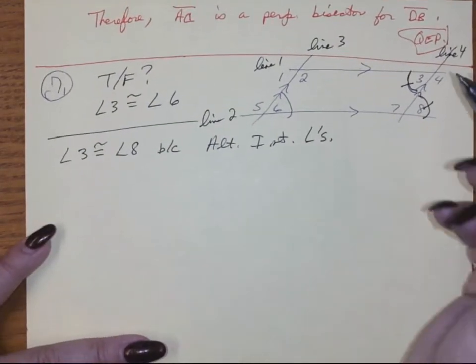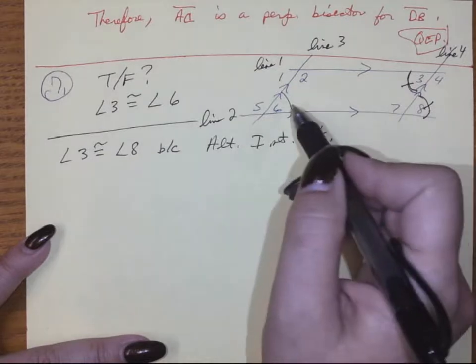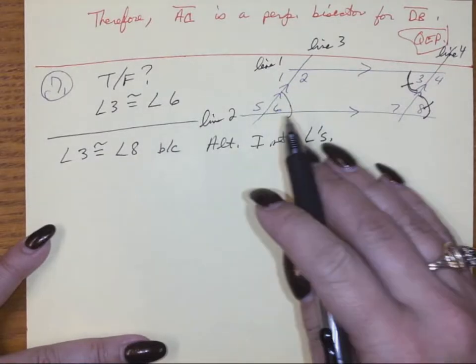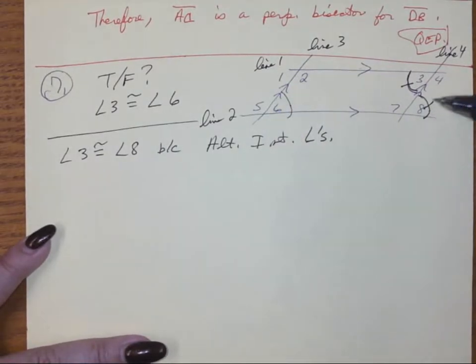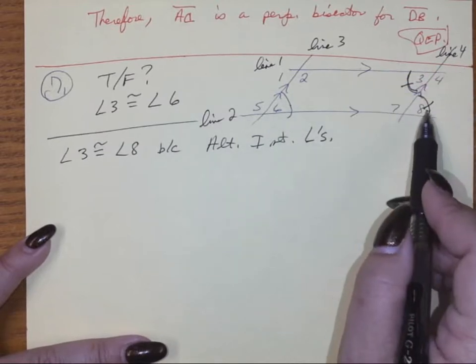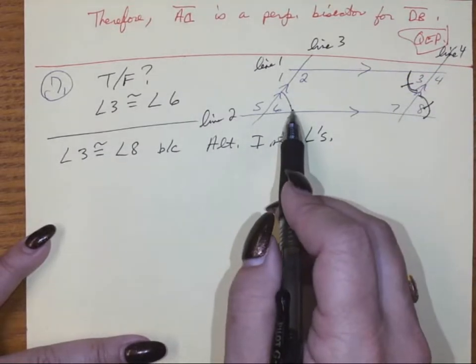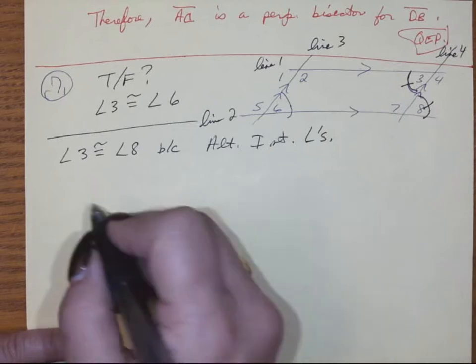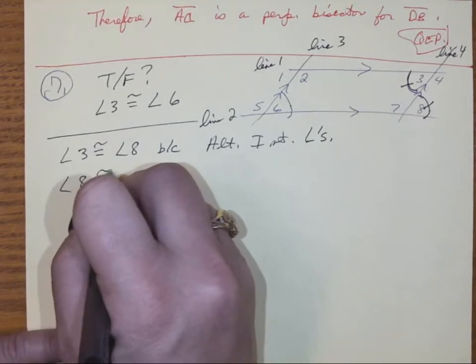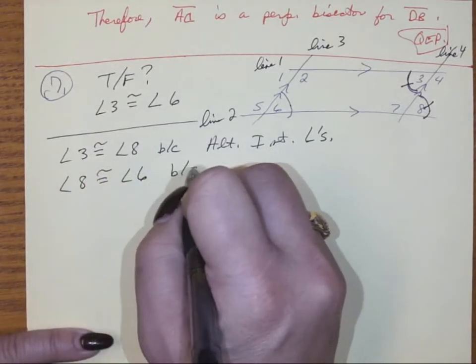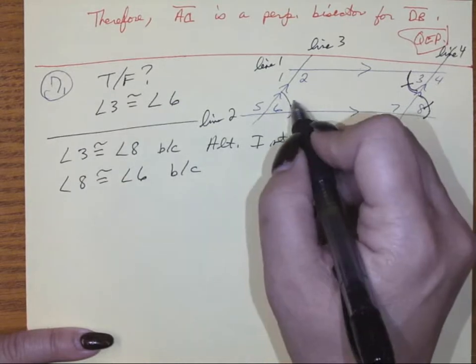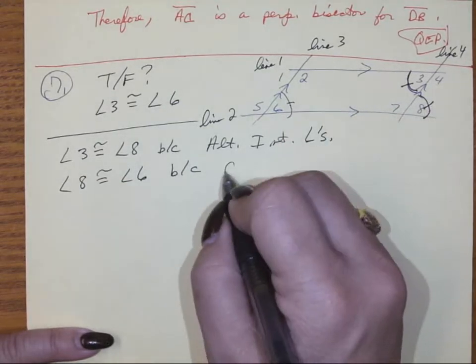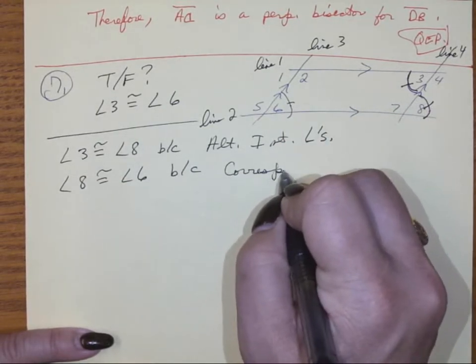Okay, so if I look at that, I see 8 is in the same position as 6. Both of those are above line 2 here, and both of those are to the right, in this case, of the parallel lines. So yeah, I think angle 8 is congruent to angle 6. And because they're in the same position there, that's called corresponding angles.